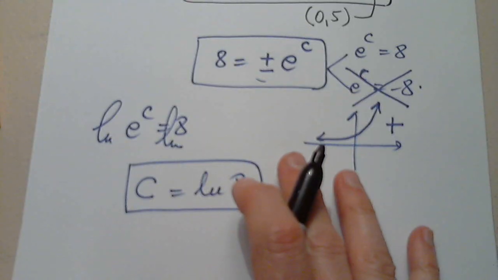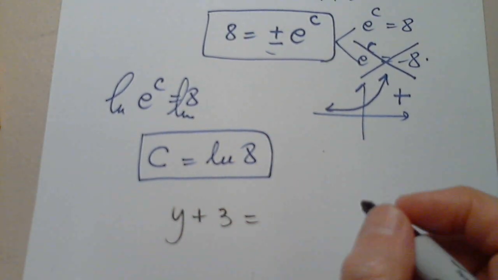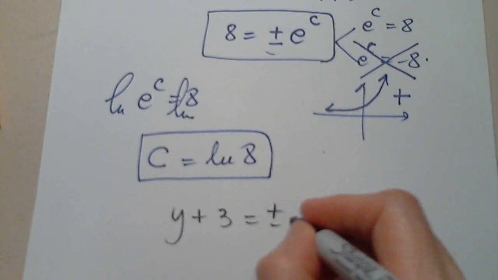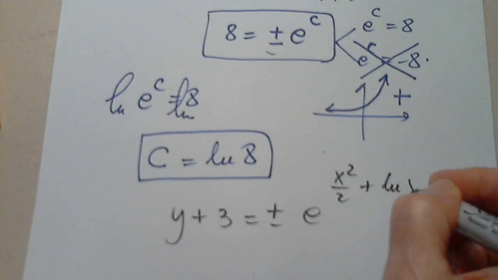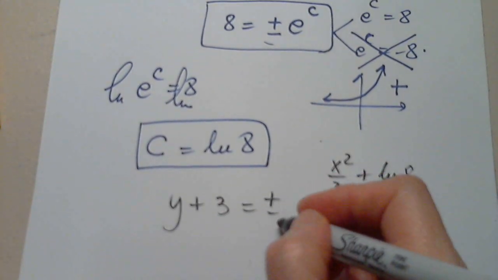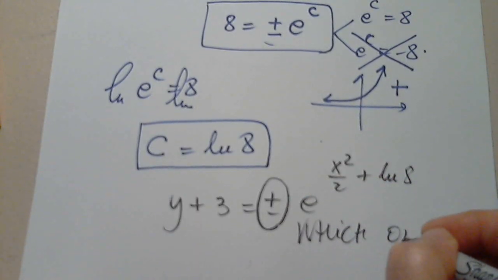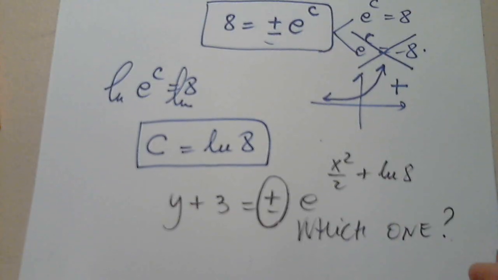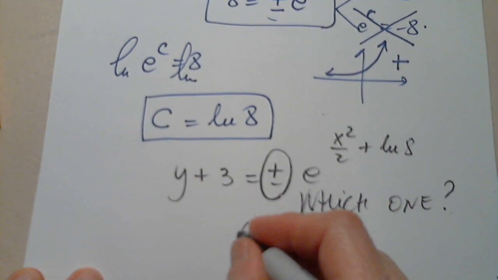So now the final solution. y plus 3 equals plus or minus e to x squared over 2 plus natural log 8. Now, I have to select which one. I have to select the one that gives us the point (0, 5).